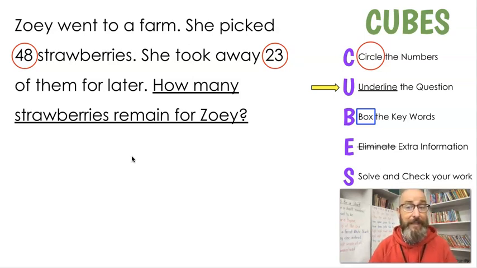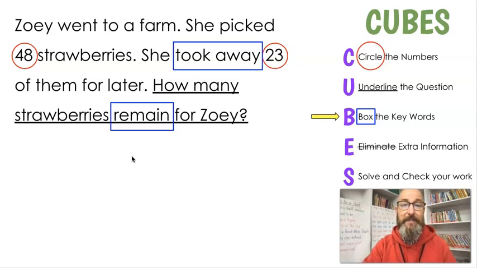Our next step is B. What does B stand for? Box the keywords. Do you see any keywords in there? We just went over the list. What do you see? I see two different keywords. Either one you found would help you solve the question. I see took away and I see remain.